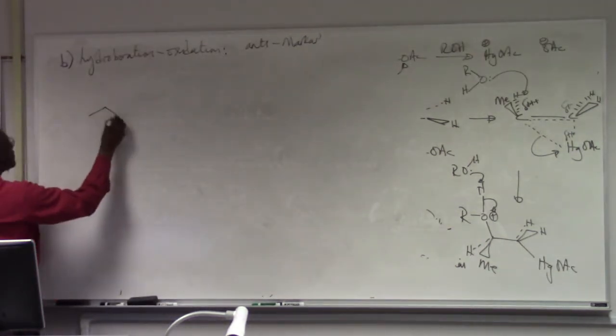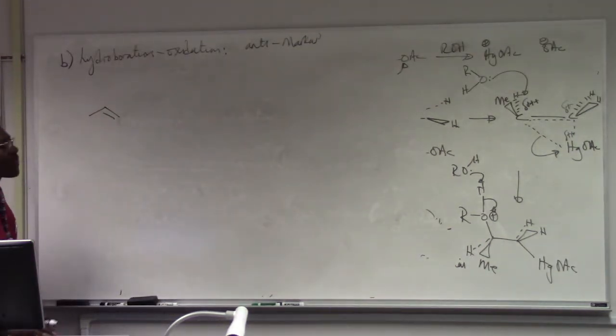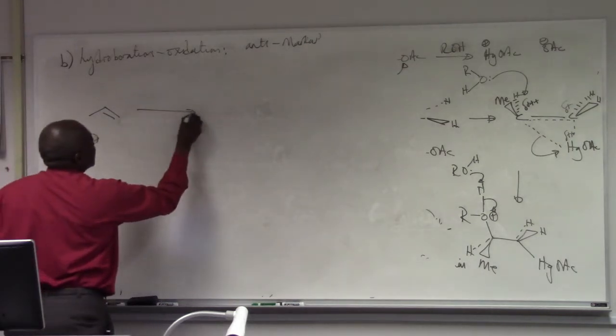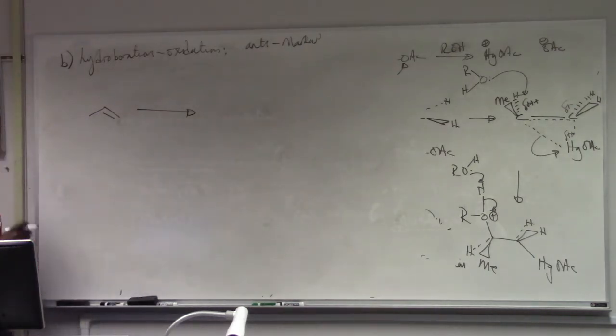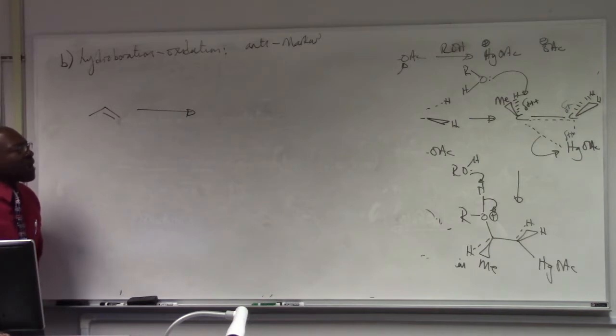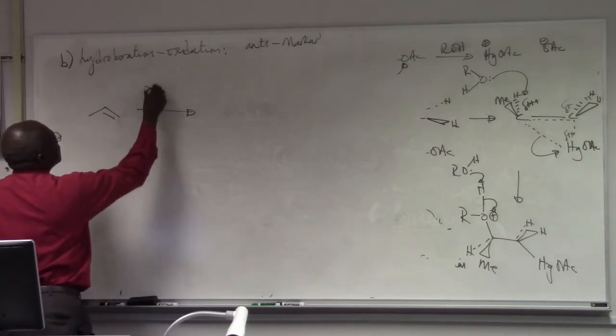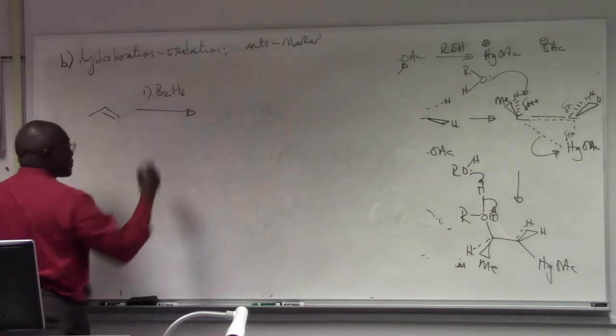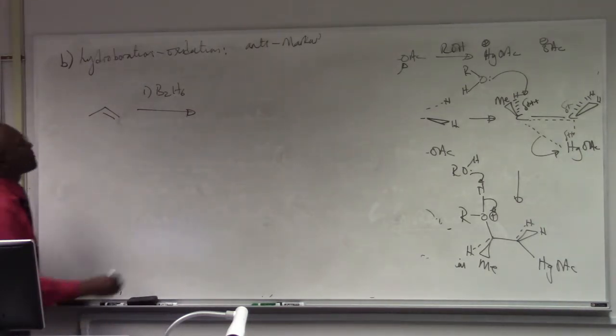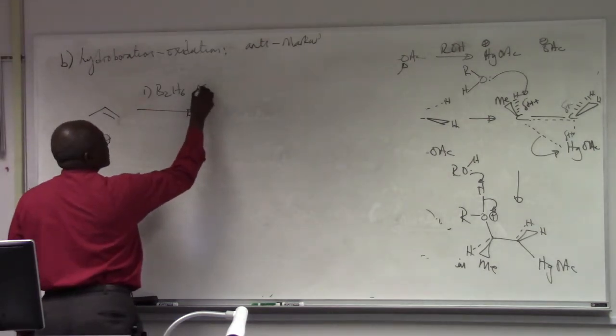So let's start again. Let's take the alkene. There's any number of agents I can use for this reaction. Most people use B2H6, which is fine. B2H6 works. I've done this reaction several times.